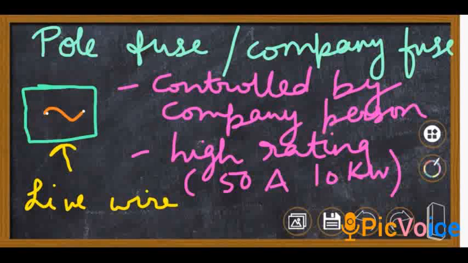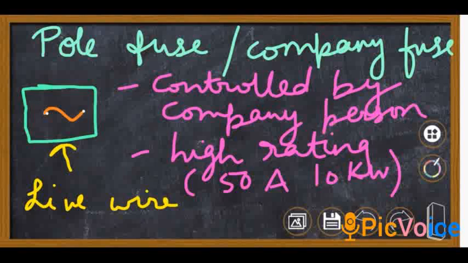Next, these wires have got ratings depending on what have you applied for. If you want a connection, you have to apply to the board that I need an electricity connection for my house. Now they will ask you how much do you want. If you say I want 10 kilowatt, 10 kilowatt means around 50 amperes. So the fuse wire which is put into this is going to have a rating of 50 amperes.